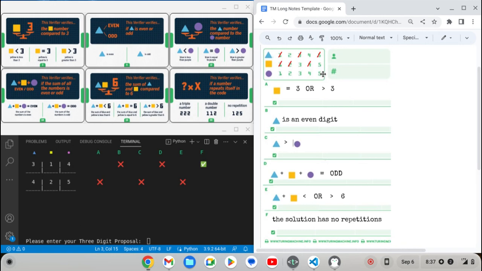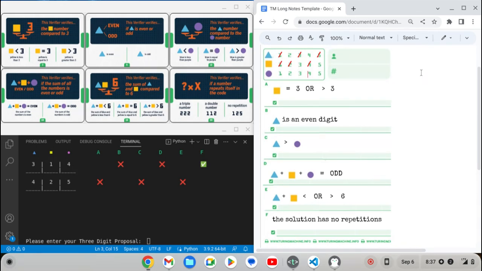As well as it can't be a 4, because even if circle is 4, there's nothing bigger for triangle to be. It can't be equal. Got to be greater. So that means we can cross out both 4 and 5.